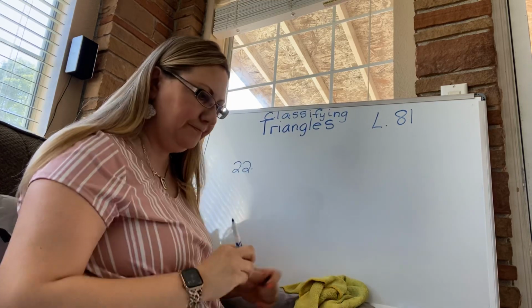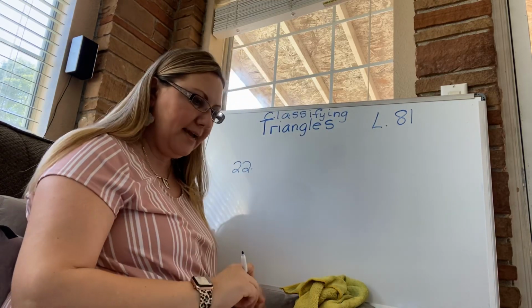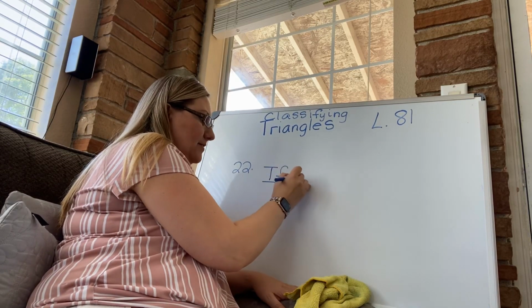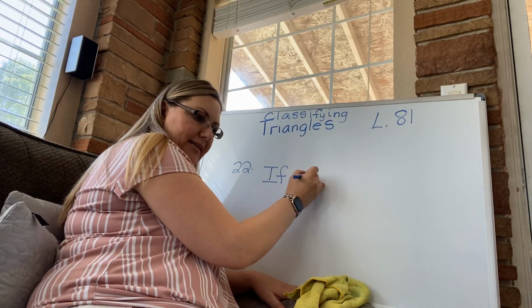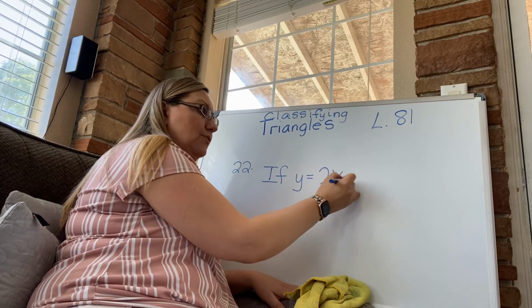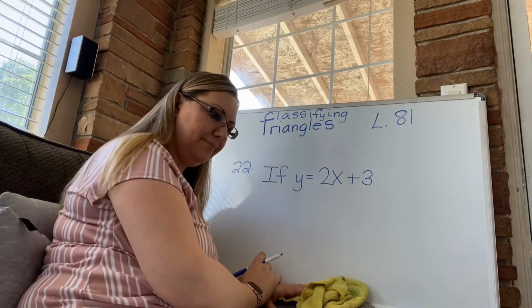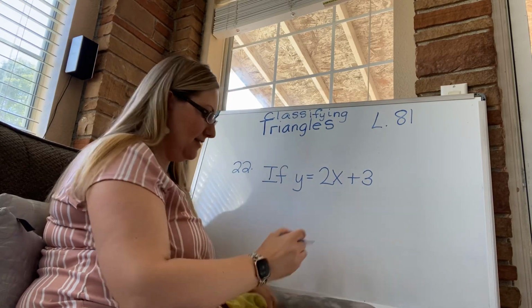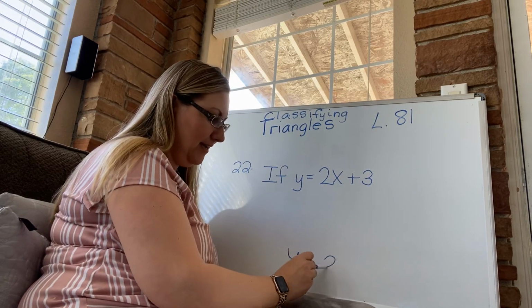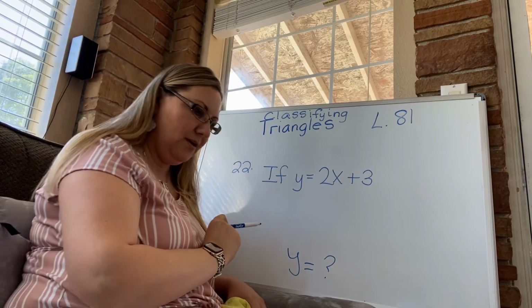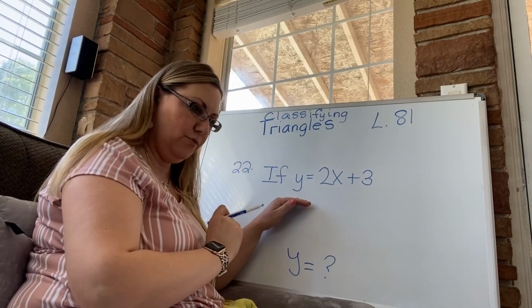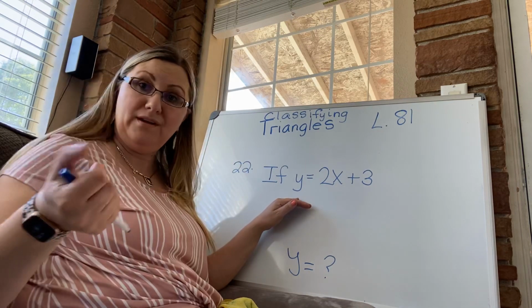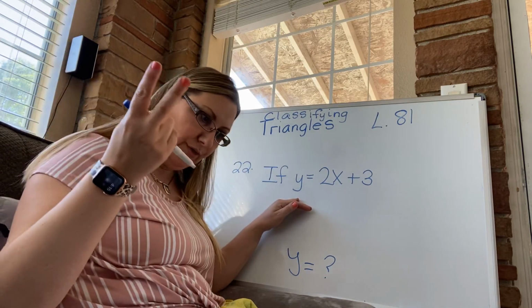Number 22, which says, let's write this down for ourselves, if y, write it in your box, equals 2x plus 3, then what is y? The question is, what is y? What is y when x is 1 or 2 or 3?